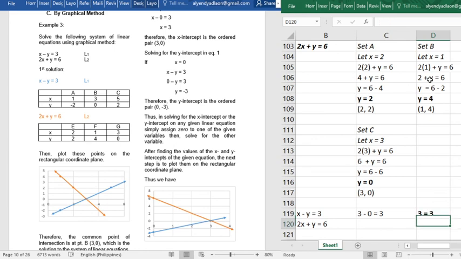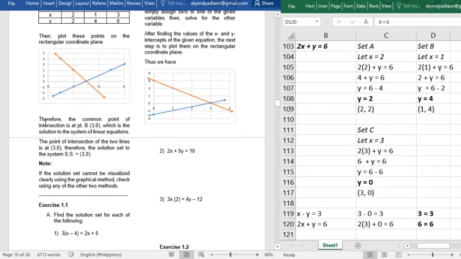So it satisfied our equation. Then next, 2 times 3, plus 0 equals 6. So 2 times 3 is 6, plus 0 is 6. So this is 6 equals 6. Therefore, 3 and 0 is our common solution. That is how we get it using the graphical method. The common point of intersection is 3, 0.